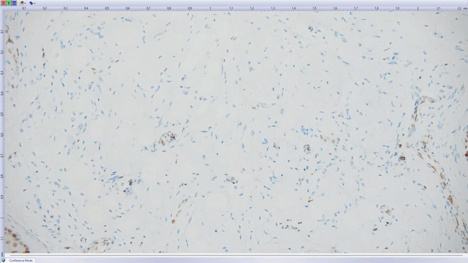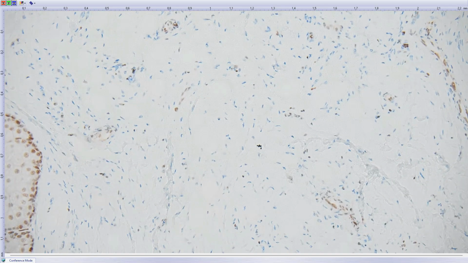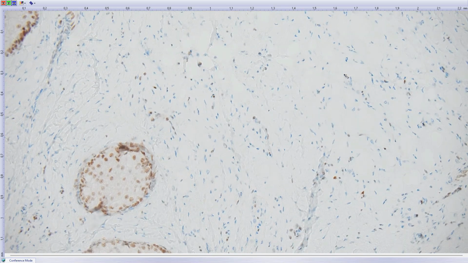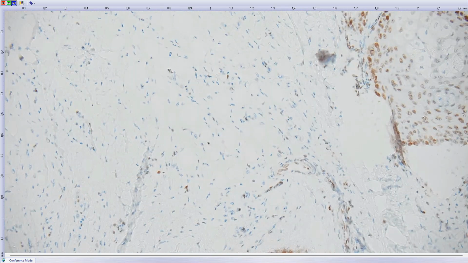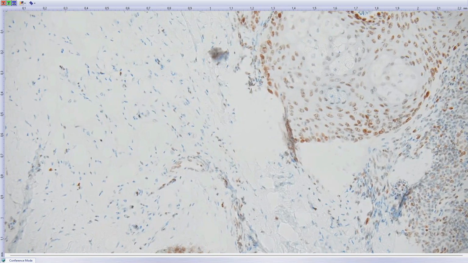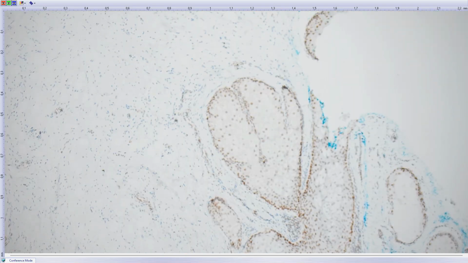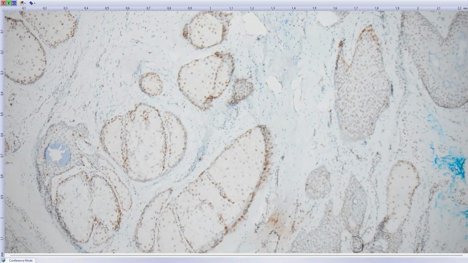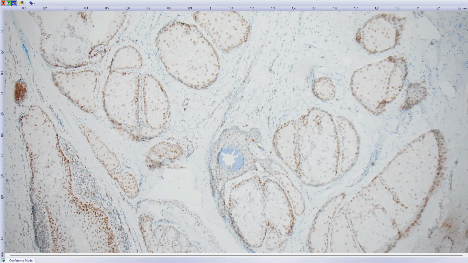It just confirms that what is in the stroma is really spindle cell lipoma, and probably that retinoblastoma protein positive sebaceous glands are just reactive changes. And we published that very recently, 2019.